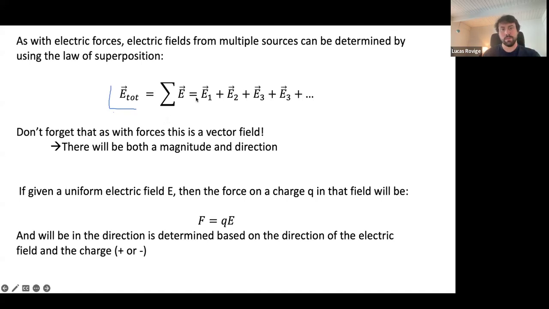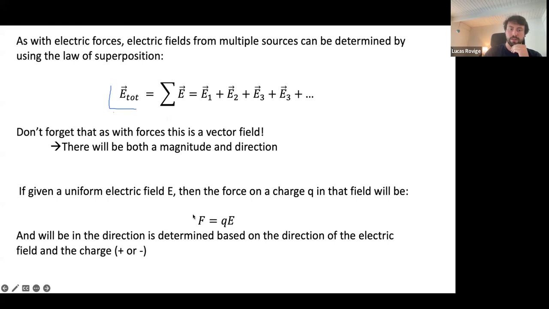And again, similarly to the forces, remember that these are vectors. So if you're doing the sum, you're adding vectors, and you have to take into account the direction and not only the amplitude.